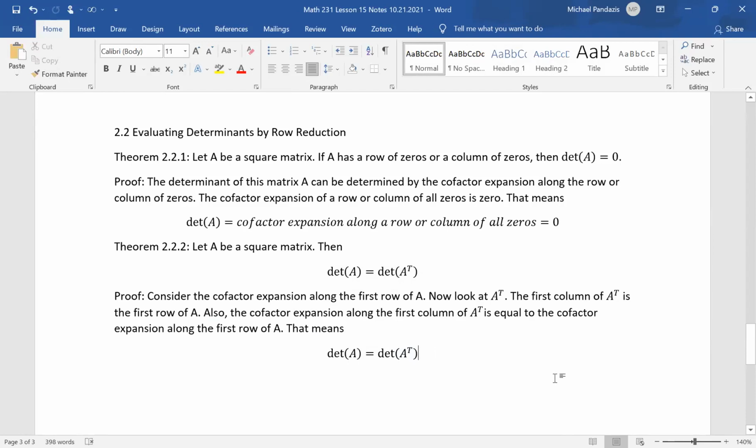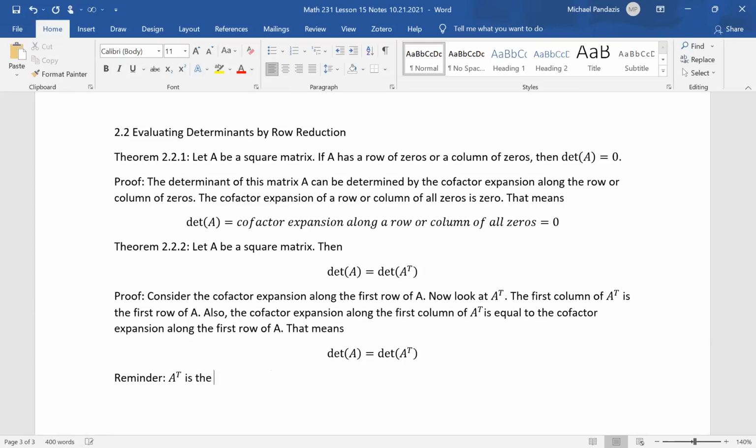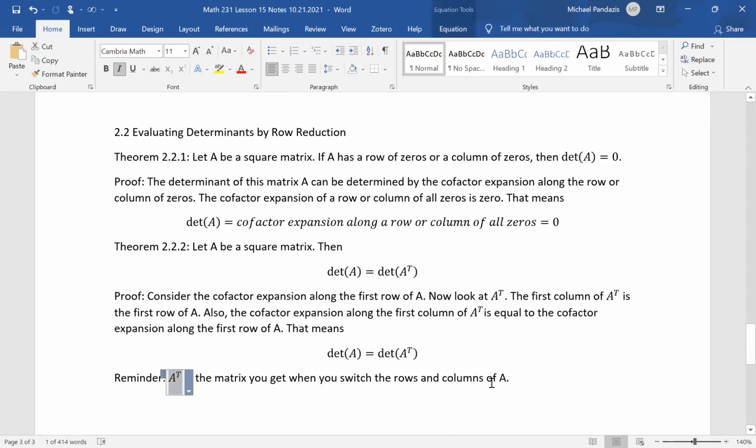Okay, so reminder that A transpose is the matrix you get when you switch the rows and columns of A. So the first row of A transpose is the first column of A. The second row of A transpose is the second column of A. You switch the rows and columns and you get the transpose.